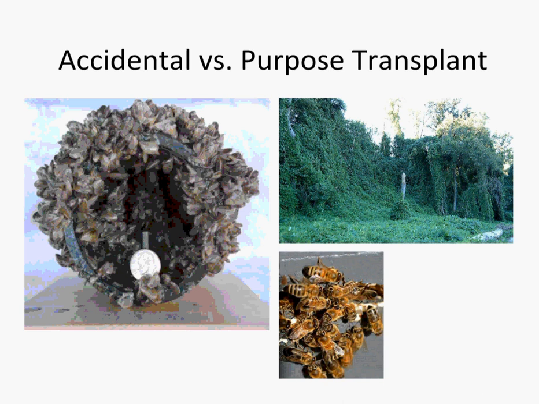Here's a couple others. This is a kudzu. Kudzu is something that was brought on purpose to control erosion, and now it controls everything. Killer bees were kind of accidental on purpose as well, and they've slowly made their march north from South America. I think they're here now.